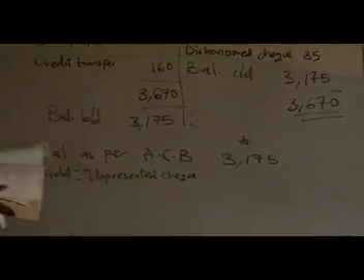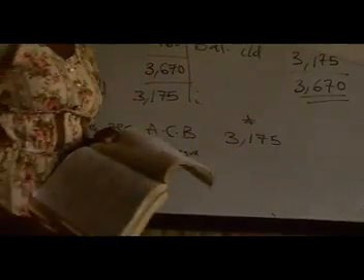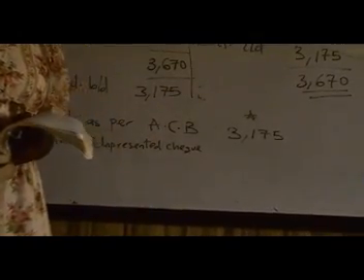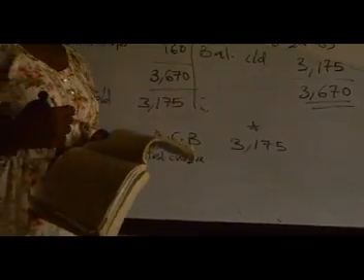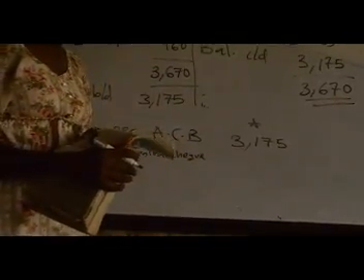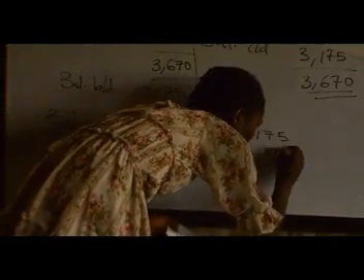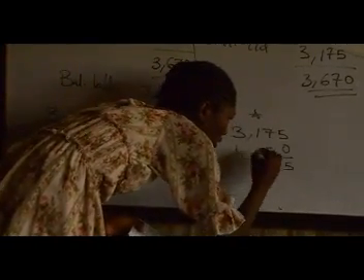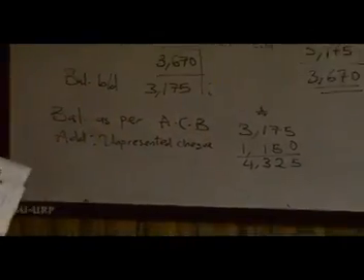Now from our text, we had 3 figures given for unpresented check. If you look at your D, we were given a figure 300 naira, 600 naira, and 250 naira. So summing that up gives us 1,150 naira. We'll add this up to have 4,325 naira.